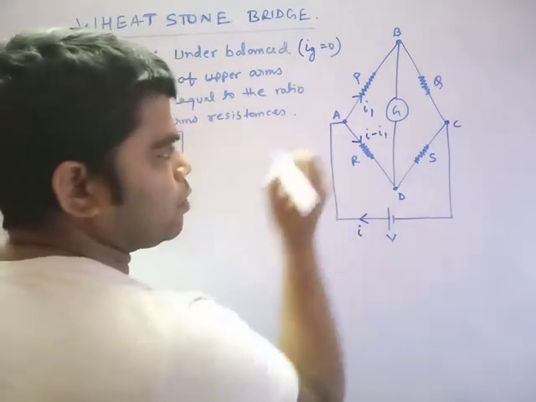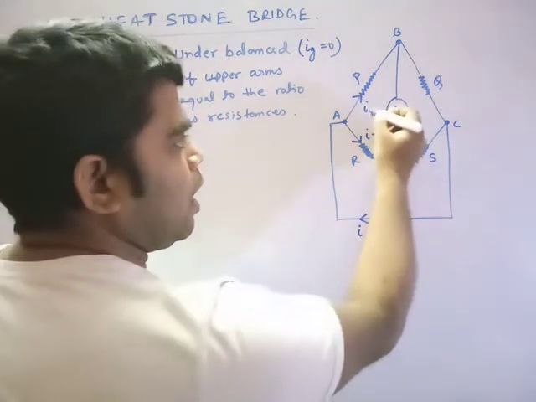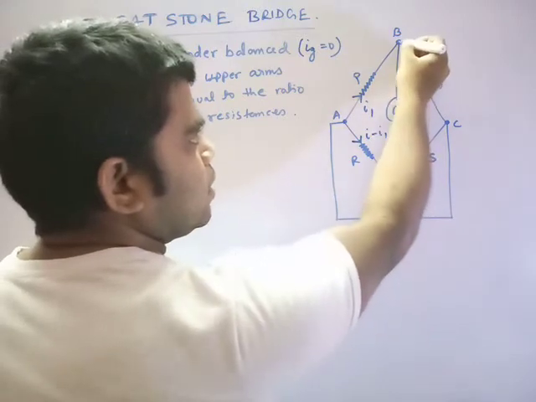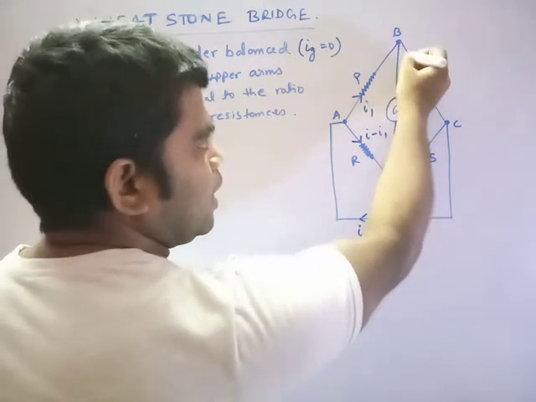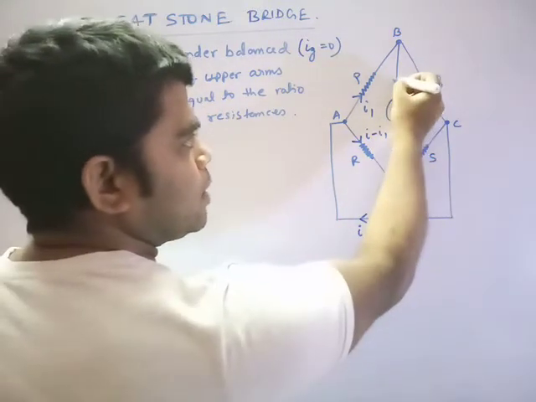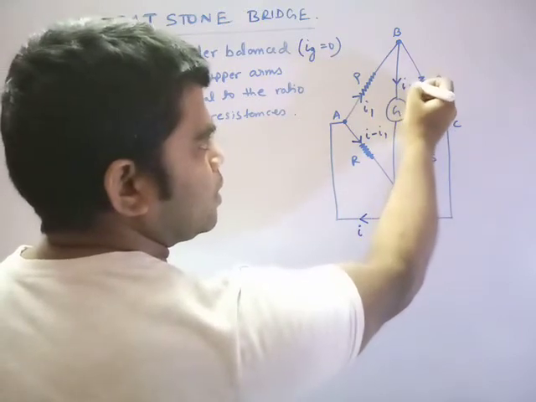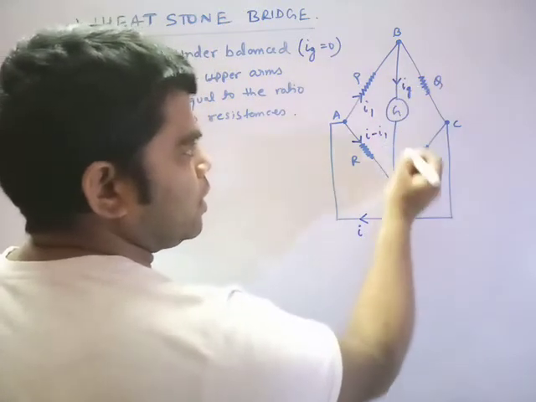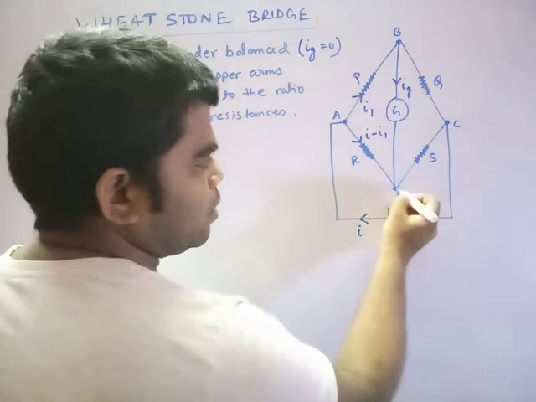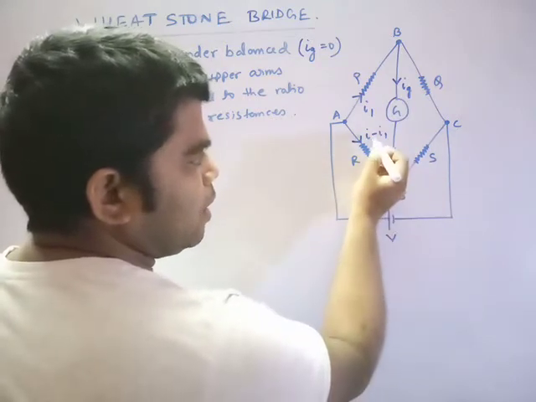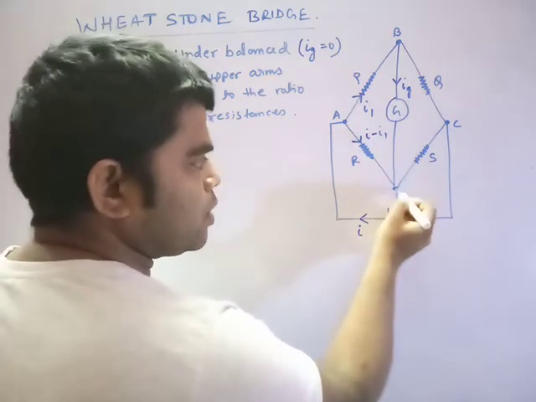The I1 reaches terminal B, and there we again get two arms. Let the current through the galvanometer be Ig. So Ig reaches this terminal, and I minus I1 also reaches this terminal.